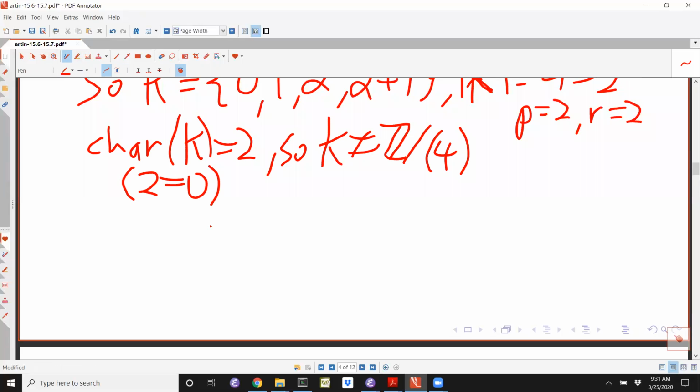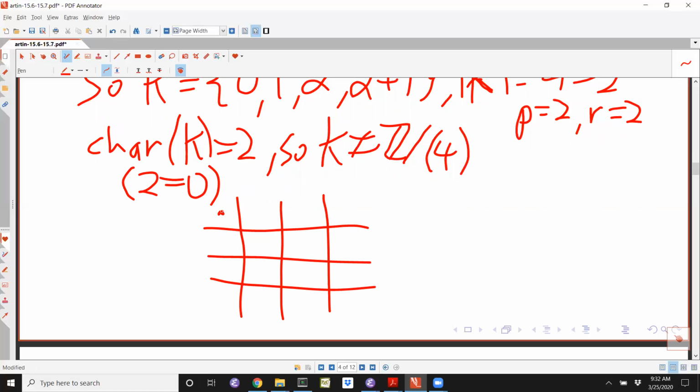So let's see, and what else is useful to do? I think it'll be useful to write out a very small multiplication table of the non-zero elements of F4.